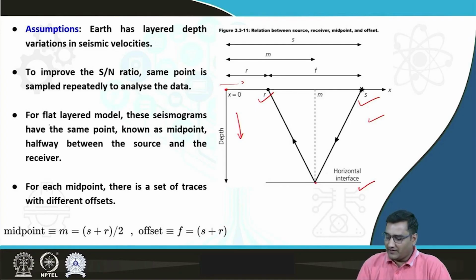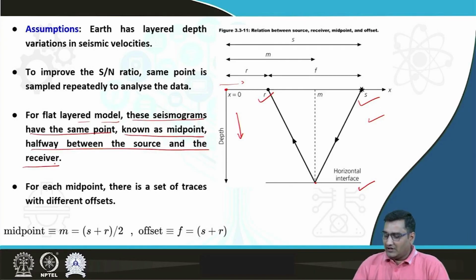So for a flat layered model, these seismograms have the same point, known as the midpoint, halfway between the source and the receiver. And this same point is being sampled multiple times by different data geometries or different kinds of gathers, and we are having this midpoint.